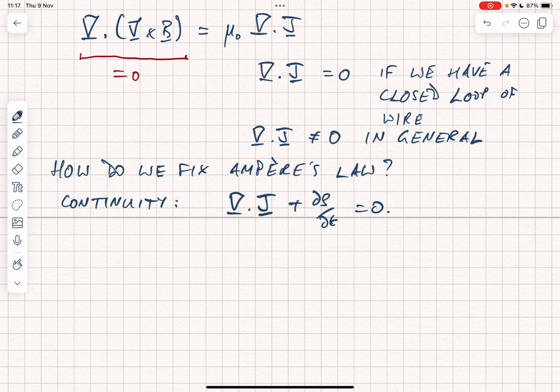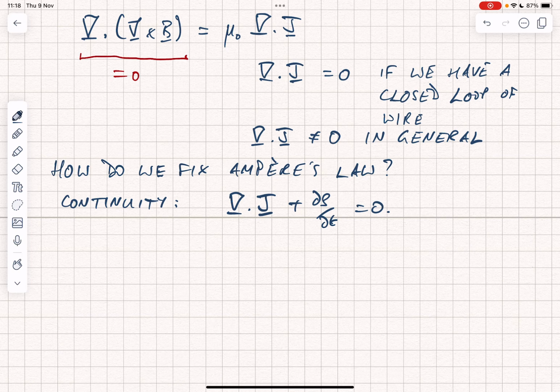So if we were to replace div j in Ampere's law with div j plus d rho by dt, we would know that the right-hand side would be 0. So that's one way that we could go forward. We could, of course, add any kind of curl to the right-hand side of Ampere's law, but that's not necessary. The simplest way of creating a right-hand side that is equal to 0 is to add d rho by dt, and it's often best to use the simplest possible approximation.